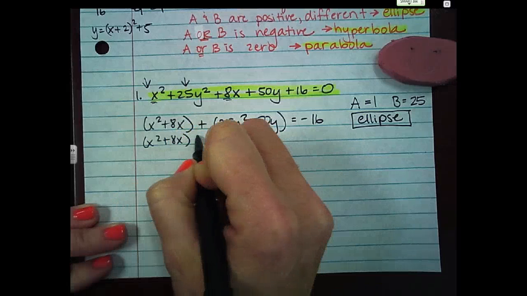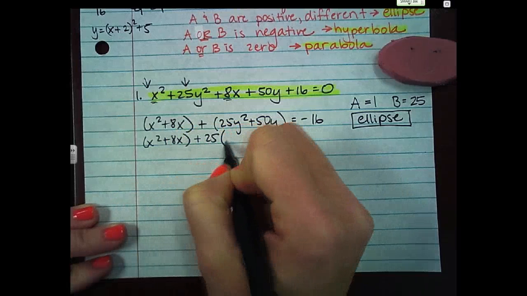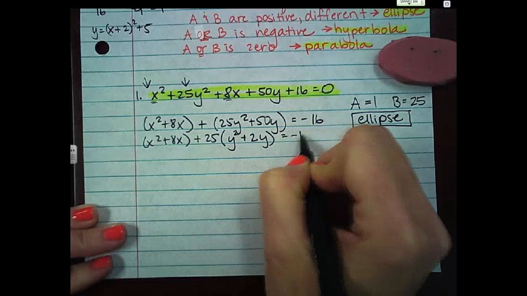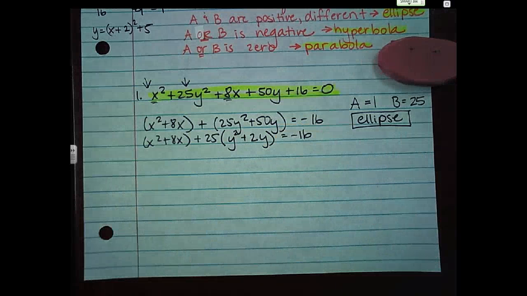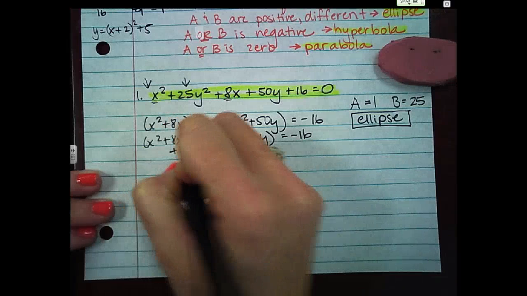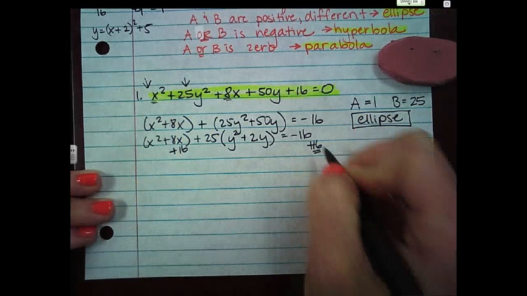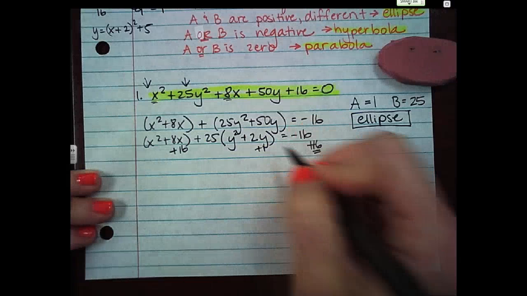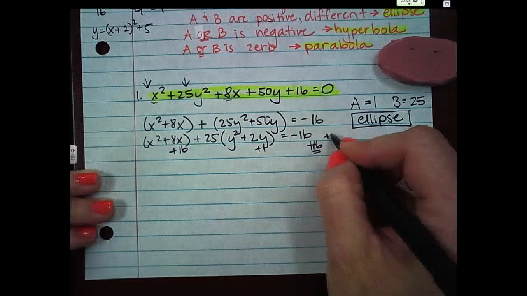I've got to take the 25 out. Okay, now half of 8 is 4, so plus 16 on both sides. Half of 2 is 1, but it's 25 times 1, so plus 25.